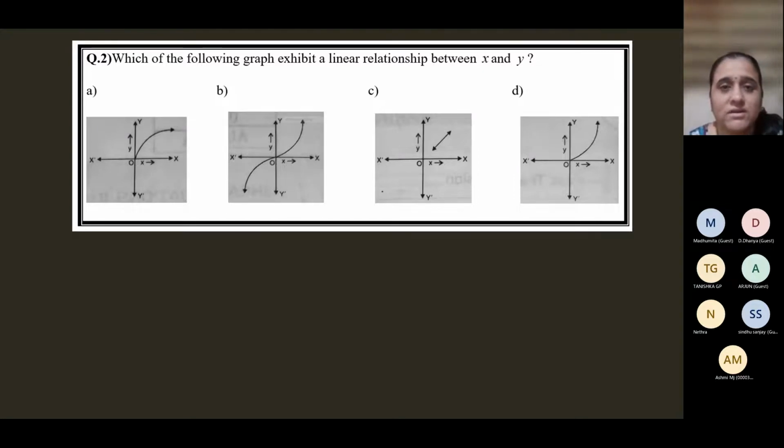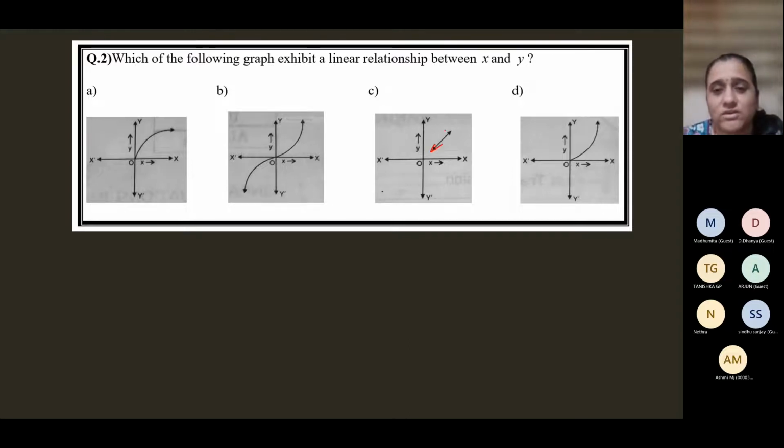A linear relationship between x and y, meaning it's of a straight line. Let me put it that way. Linear is of a straight line. So a linear relationship between x and y means a straight line. All the other options represent curves. C is the only option that represents a straight line.